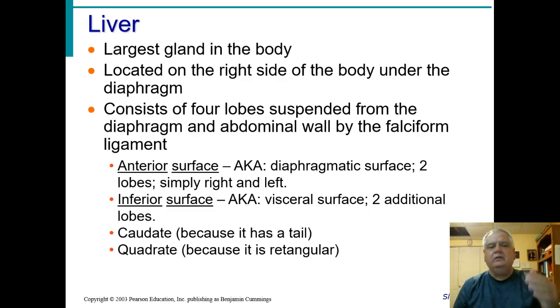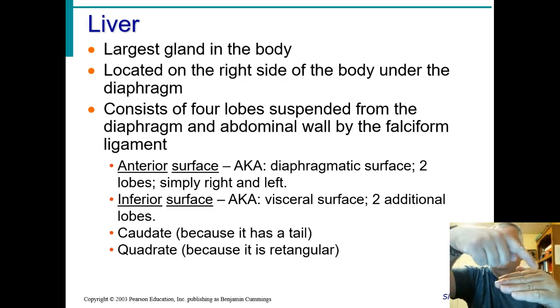And by the way, going back to anterior and inferior surface, why wouldn't we have an anterior and posterior surface? It's because the liver doesn't hang in the abdomen kind of just this way, but it kind of is tilted a little bit.